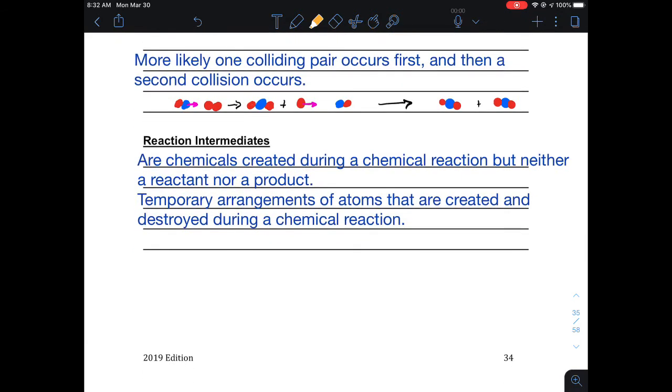Okay, so then we extend this to talking about something called a reaction intermediate. These are chemicals that are created during a chemical reaction, but are neither a reactant nor a product. They're sort of temporary arrangements of atoms that are created and destroyed during the chemical reaction.